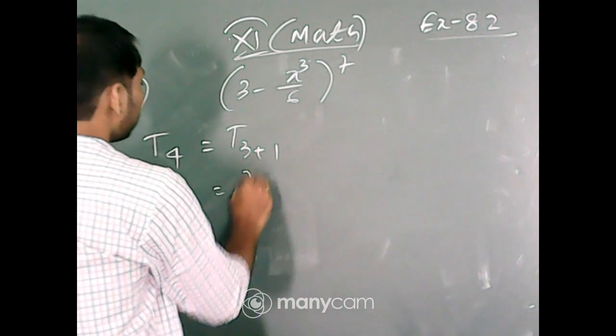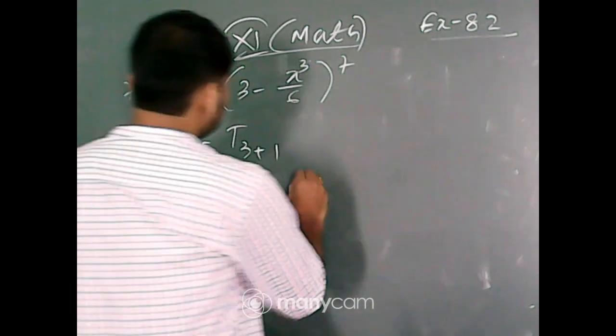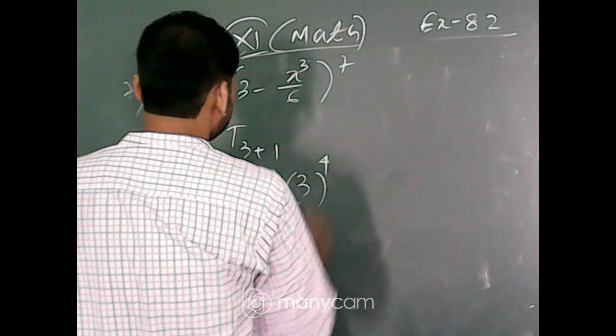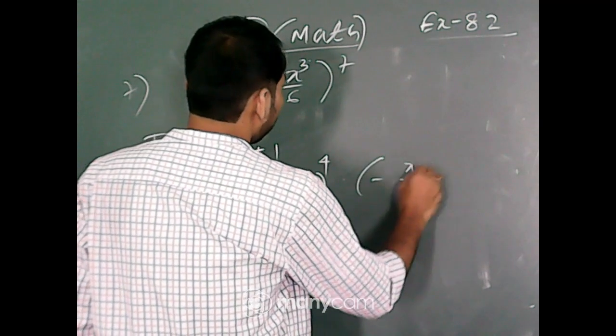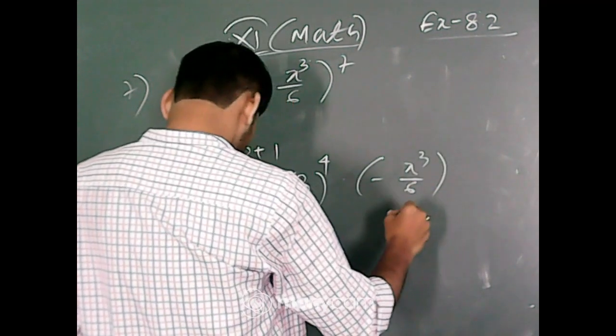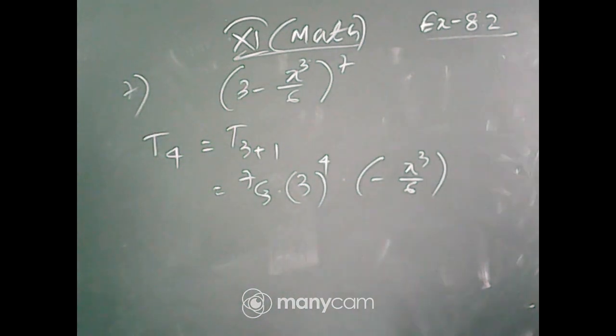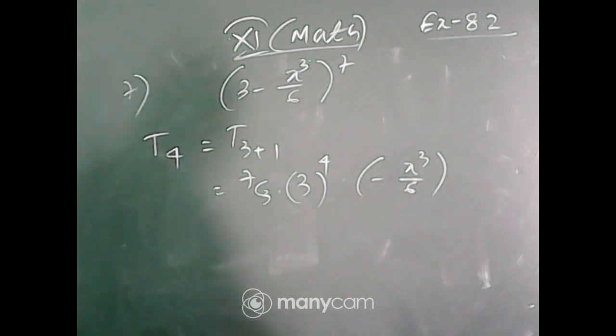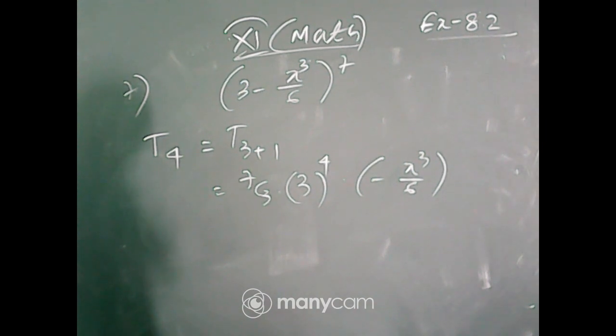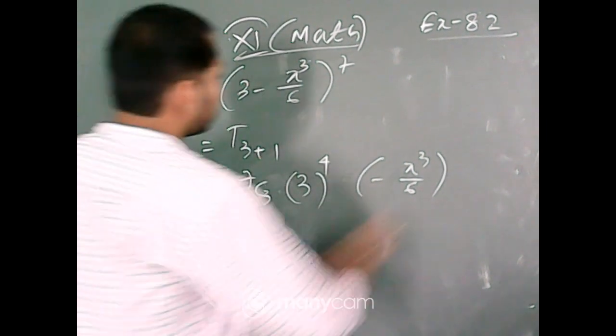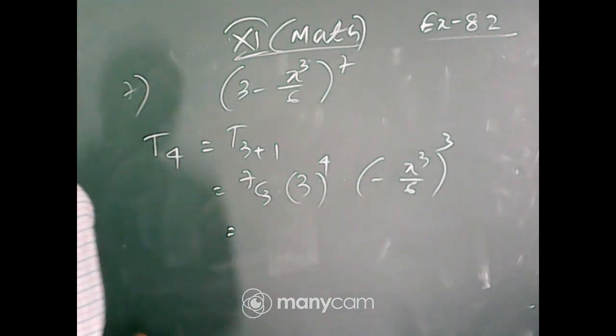So it will be 7C3 into 3 to the power 4 into (minus x cube by 6) to the power 3. Okay, so just do the calculation.